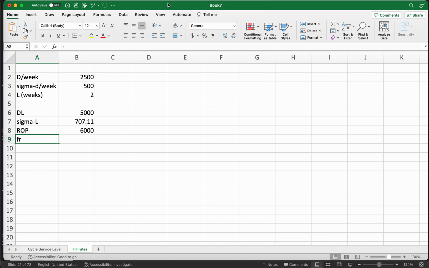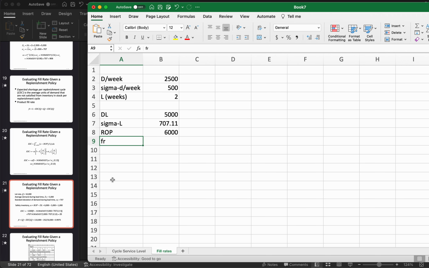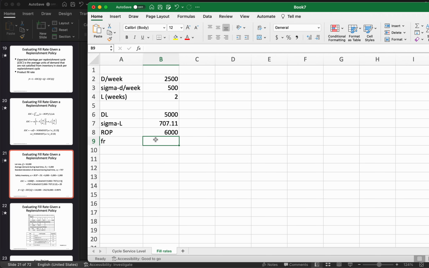So how do we calculate the fill rate? We can use the formula that's there. First is the safety inventory. We didn't calculate that, so that is the difference between the reorder point and the demand during lead time. So safety inventory is 1,000.